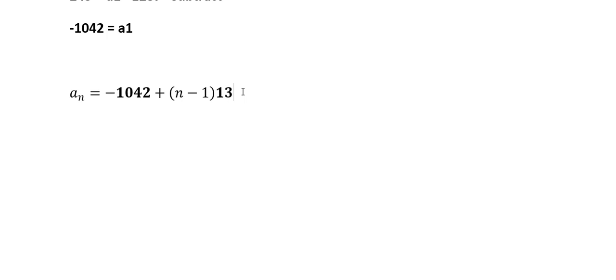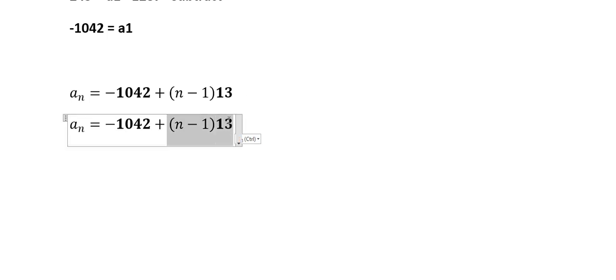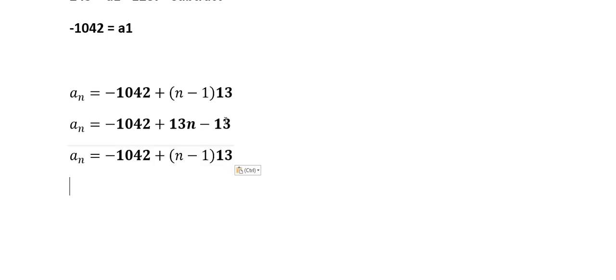So this becomes 13n minus 13, or let's see, 13n, if we put 1042 and 13 together, that is 1055. That's what we want as our final answer.